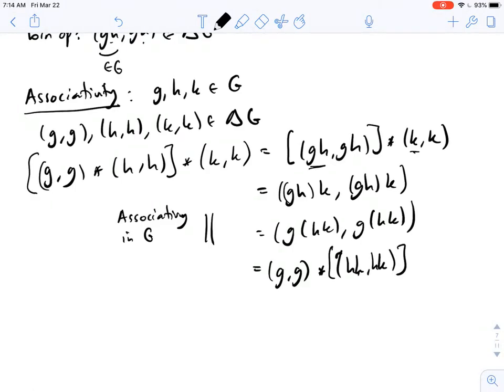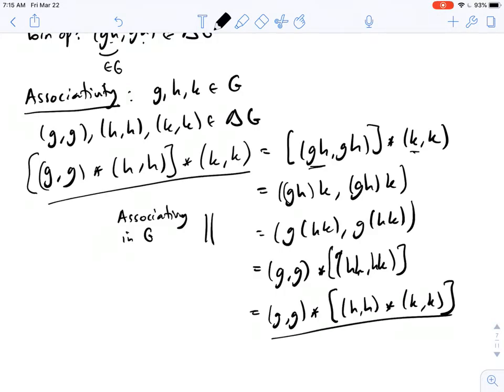And then I can break that hk up. So I have (g, g) star, and now I have (h, h) star (k, k). Okay, so this shows that I have associativity, right? This line and this line.